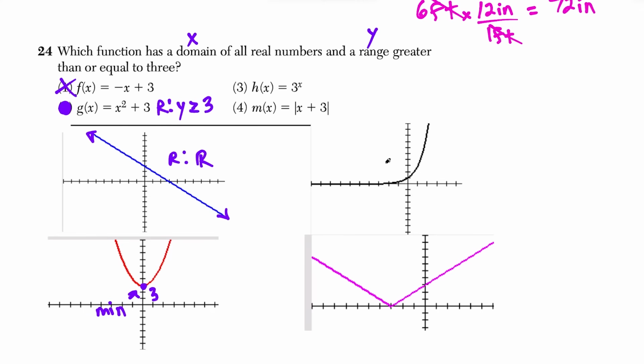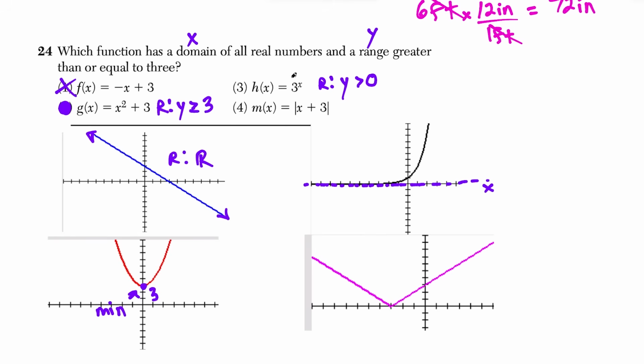But let's see, why are the other answer choices no good? The domain for h of x is also all real numbers. It goes all the way left and it goes all the way to the right. But the range, if we look here, the exponential curve is approaching the x-axis. It's not going to touch the x-axis, but it's getting closer and closer to the x-axis. So this one's a little bit more difficult to say, but the range here is actually the y values are just greater than 0.